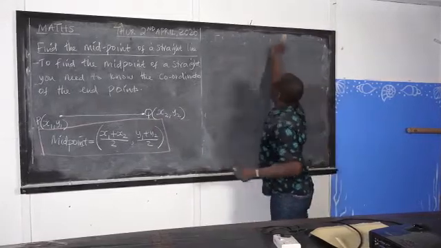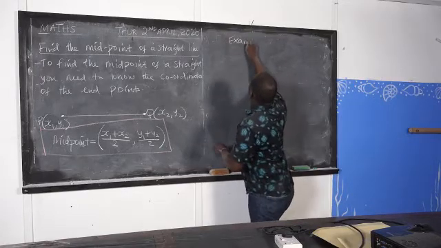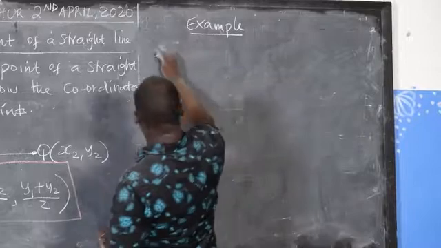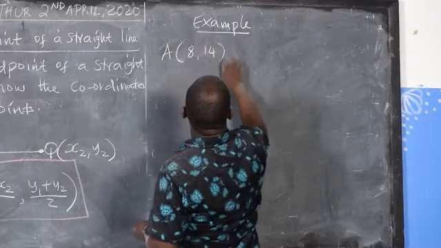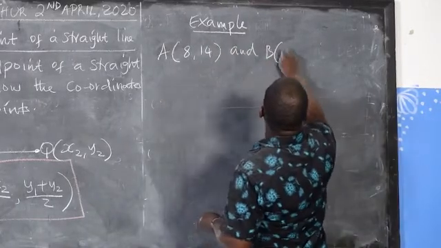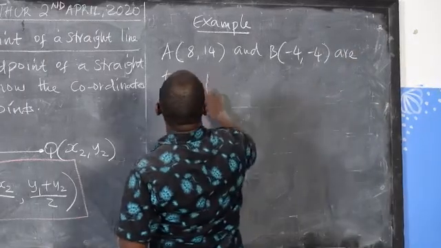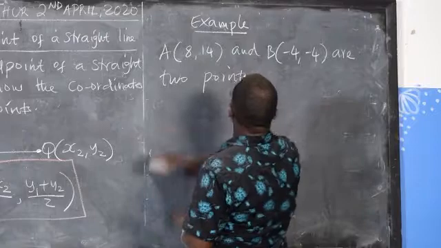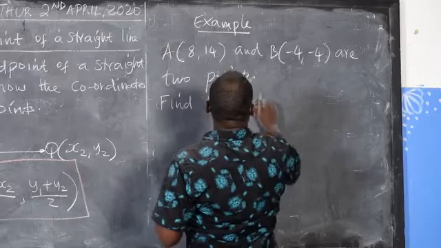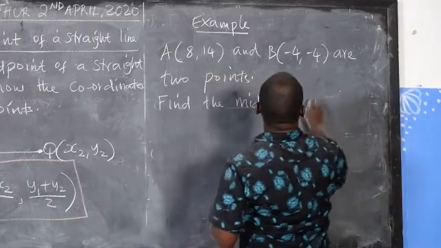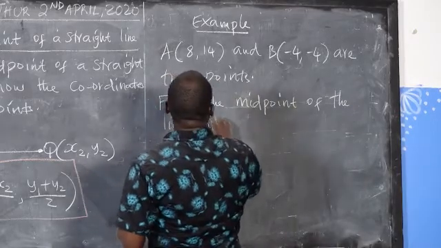So for example, I'll give you one example. We have A(8, 14) and B(-4, -4) are 2 points. So the question is, find the midpoint of the line AB.